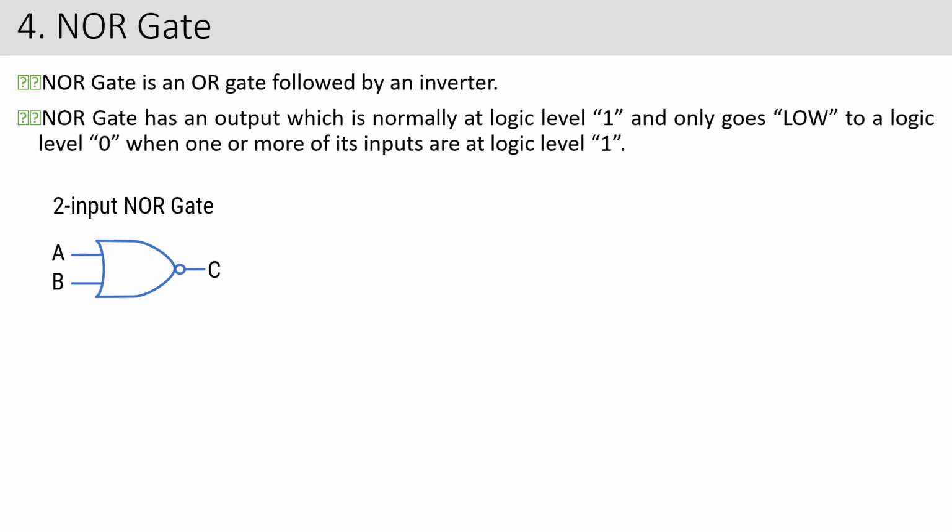This is the symbol. Now the most important thing is, what is the difference between the OR gate and the NOR gate? If you remember, in the OR gate this circle was not there. It was simply like this. See, I cannot draw very good diagrams. Just a second.